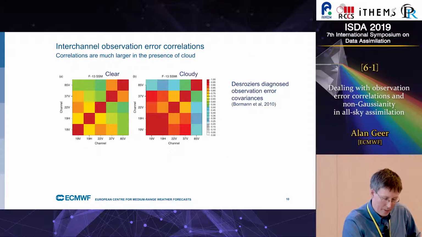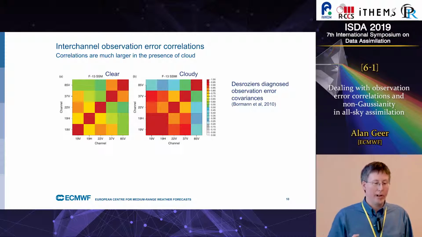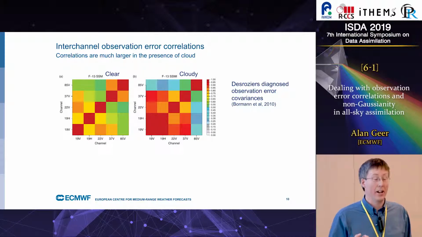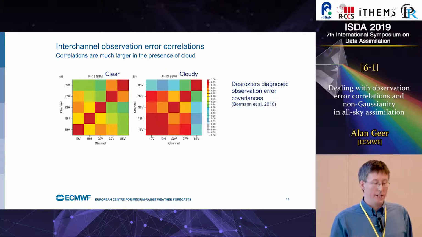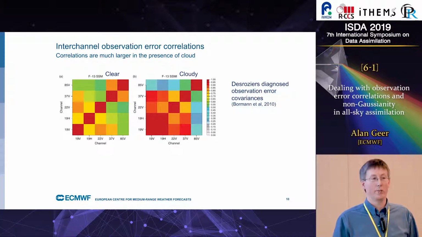So what else? As I may or may not have already said, we're not yet modeling observation error covariances, the full correlation matrix, in all-sky assimilation. We've only got diagonal errors at the moment, but we've known for a long time that the correlations exist between different channels, and I showed you earlier also in space, but we're not even going to start looking at the spatial correlations yet.